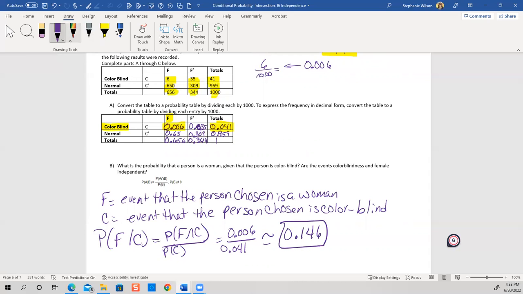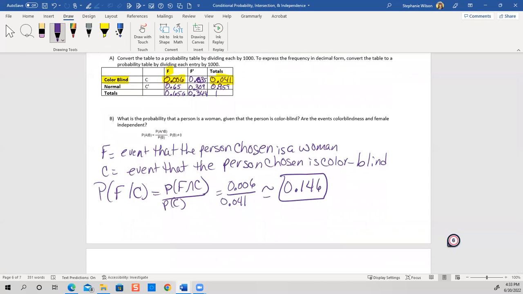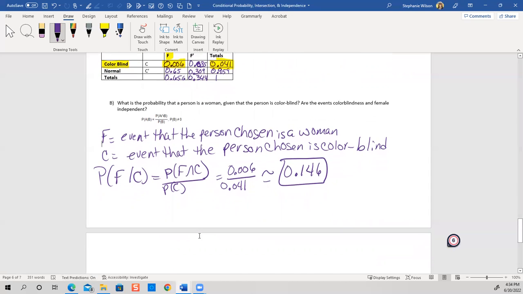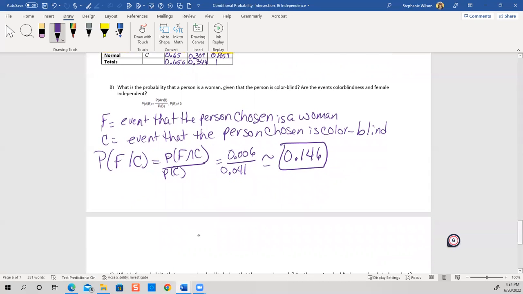All right, so now we can determine if it's independent or not by comparing. Let me make a note right here. So that was our probability, okay? So now let's determine if it's independent.